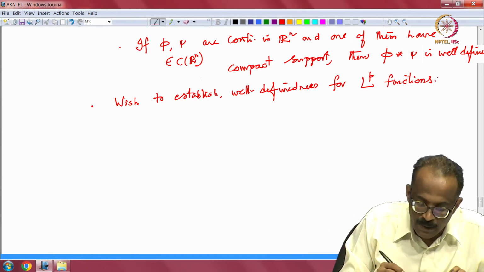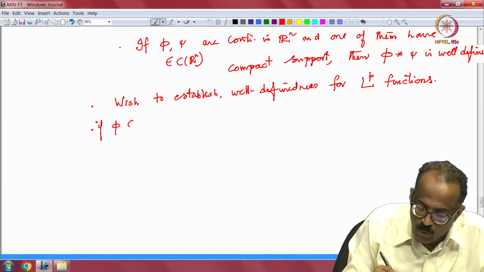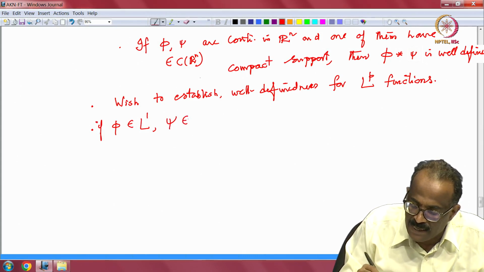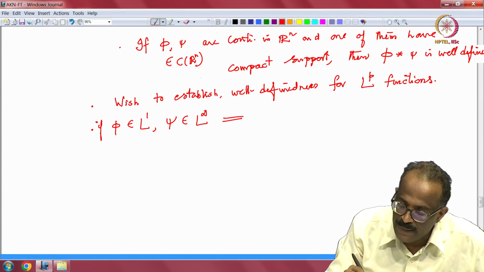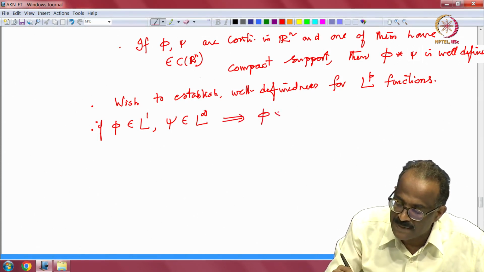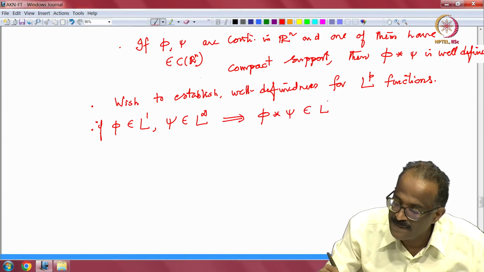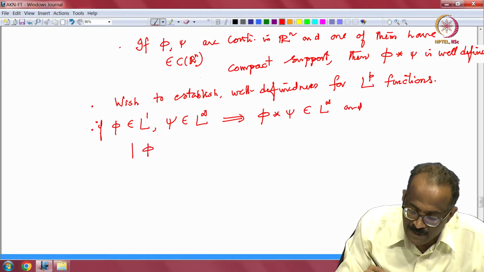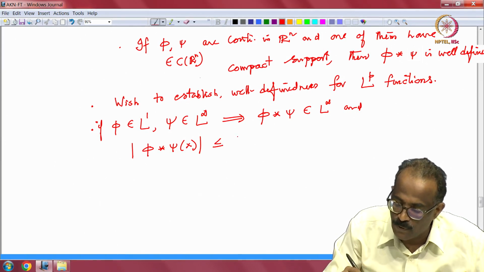One trivial thing: if phi is in L1 and psi is in L infinity, or vice versa, that implies phi star psi is well defined and it is in L infinity. Look at it: phi star psi of x is immediately less than or equal to a constant.